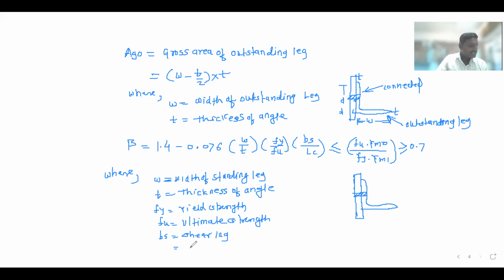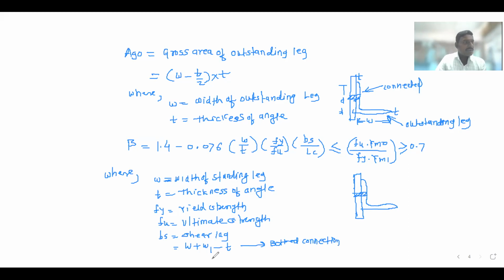The formula for shear lag is Bs is equal to W plus W1 minus T. This is for a bolted connection. If the connection is bolted, then this formula is there.